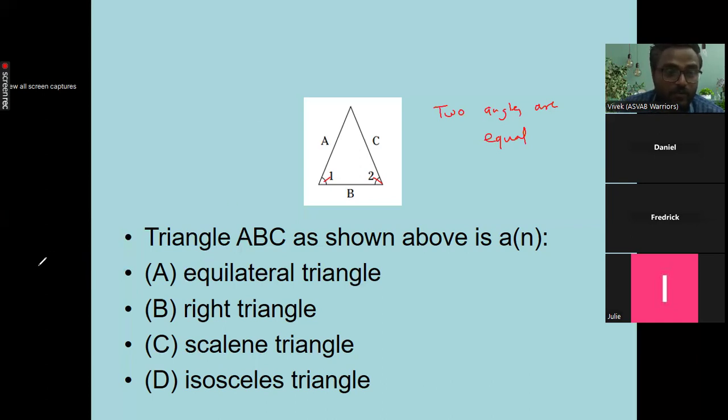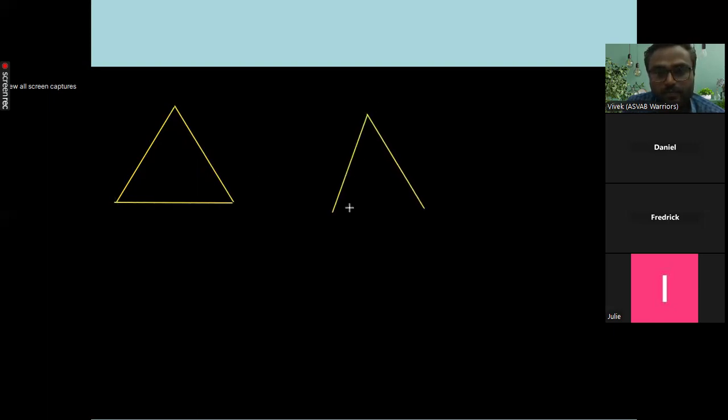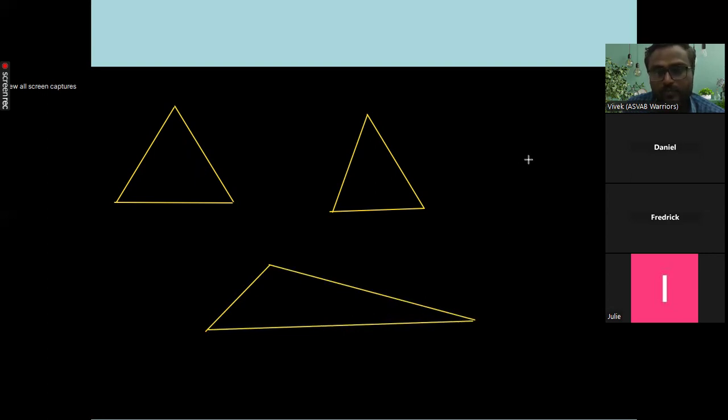Let me tell you something very interesting. Here you need to understand the sign conventions in triangles. I'll draw a few types of triangles now.